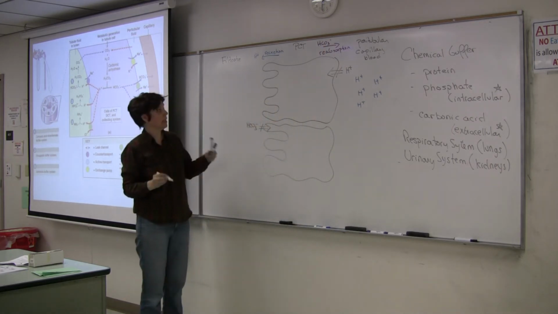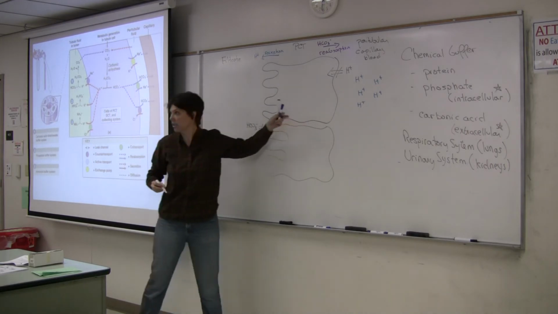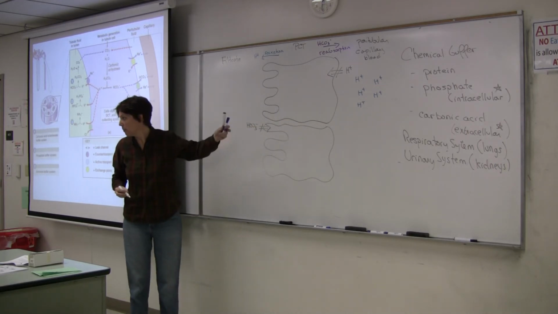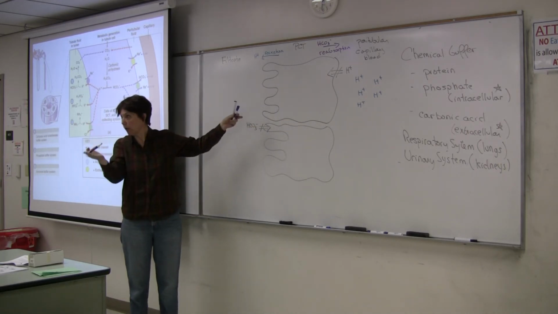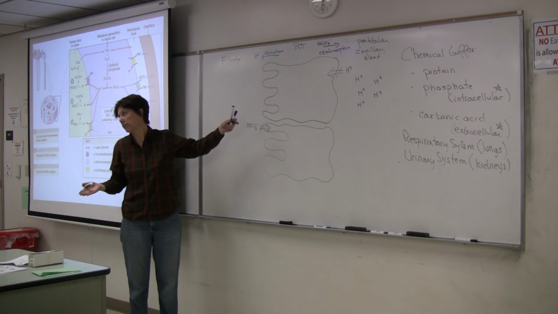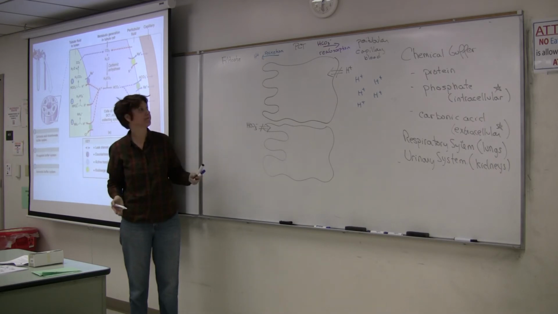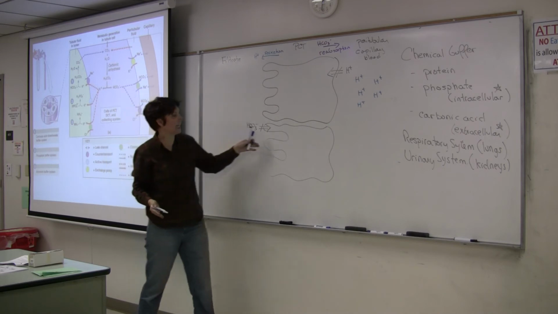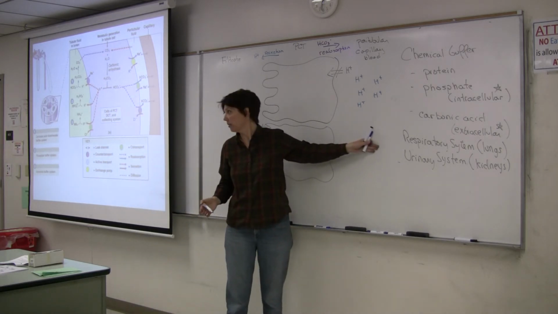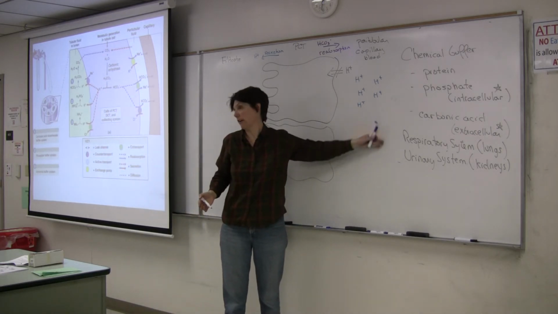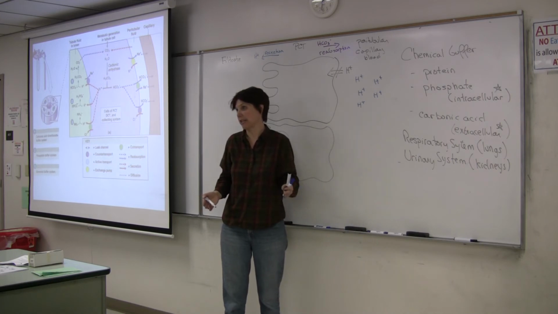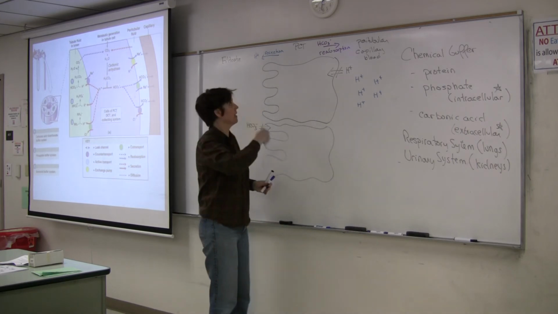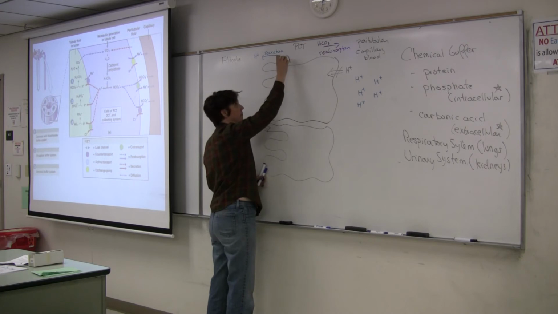So in an acidic condition, we want to secrete extra hydrogen ions and move them out of the blood. That's going to lower the concentration of hydrogen ions and raise our pH. And then if we can take up bicarb, that will give us an additional buffer. We can buffer any hydrogen ions that we couldn't secrete. Okay? So this is an acidic condition.